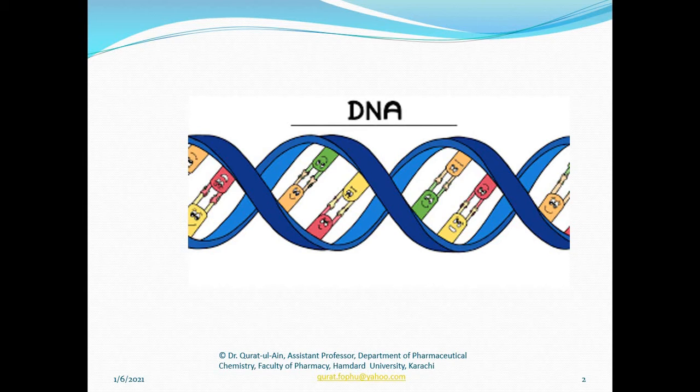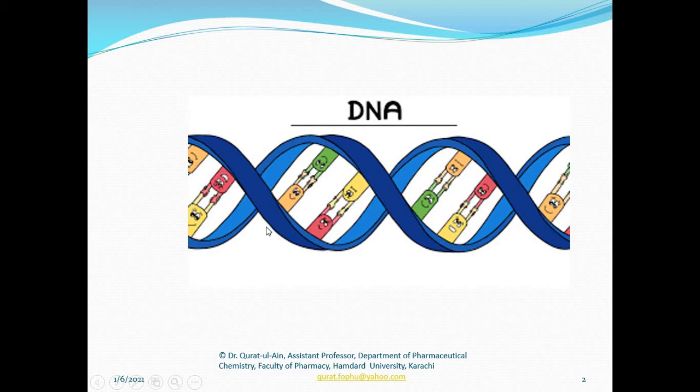To understand gene expression, first of all we have to understand what DNA is. DNA is a macromolecule, like other biological macromolecules that exist in our body, like protein, carbohydrate, and lipid.